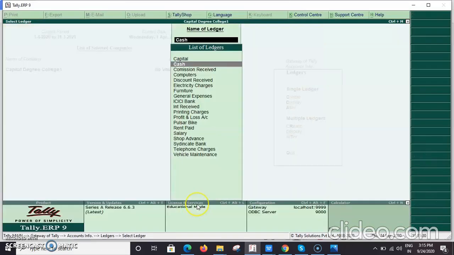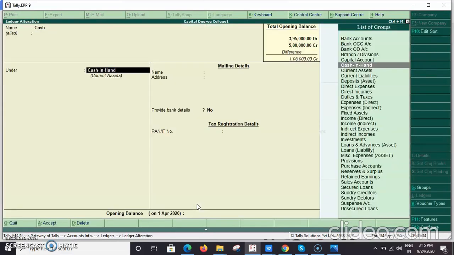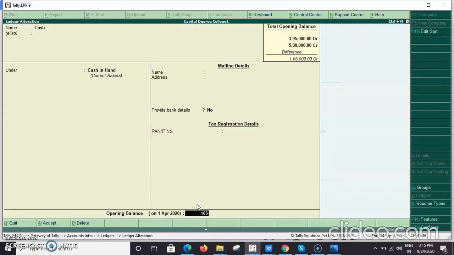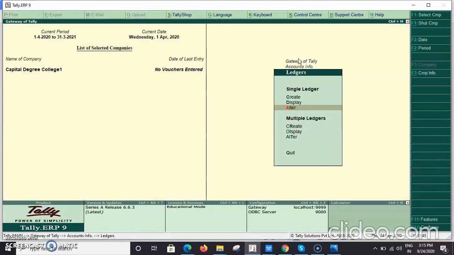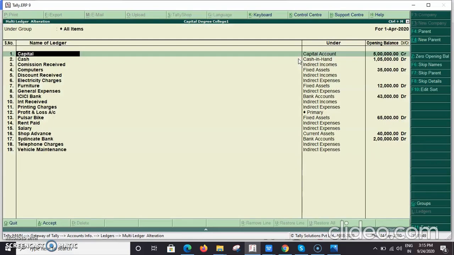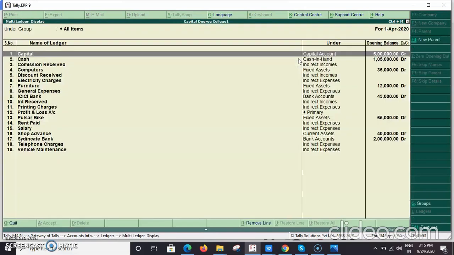So I am entering it now. Alter, 1,05,000. Now automatically the opening balance is 5 lakh debit, 5 lakh credit in Tally. Next, I will show all the ledgers which I have created. See the display button. Yes, I have entered all the ledgers.